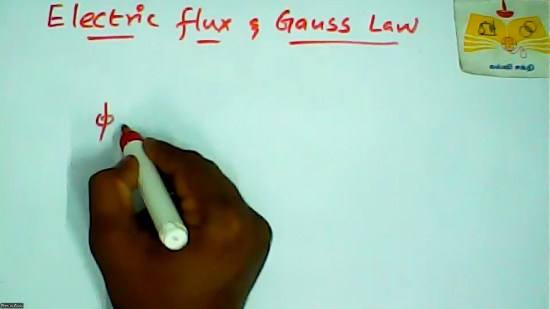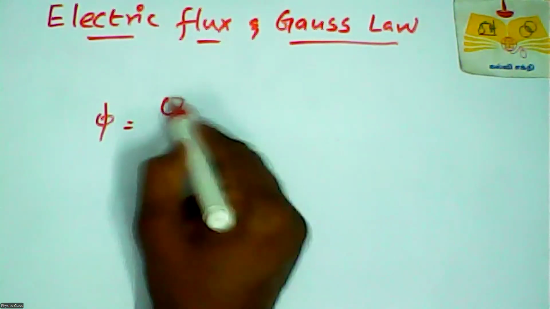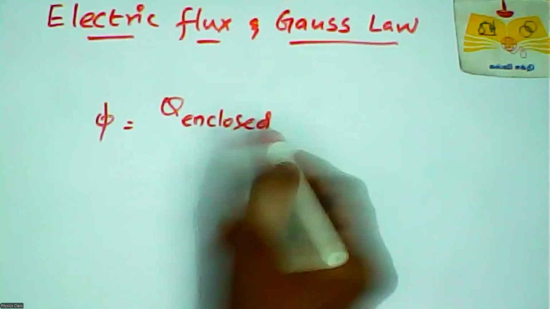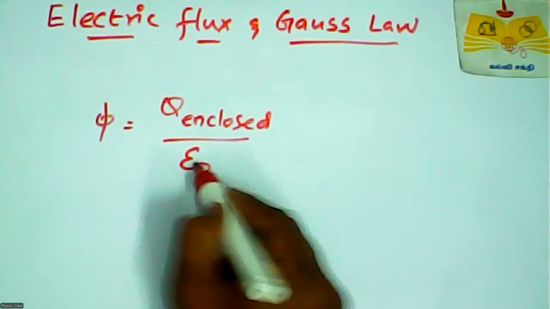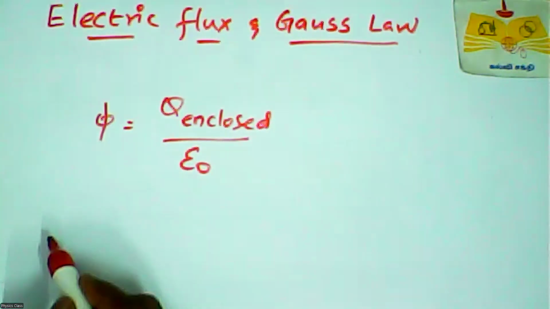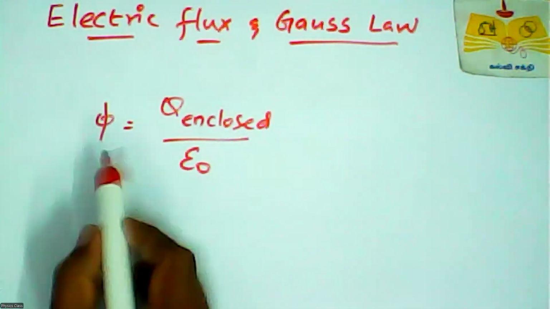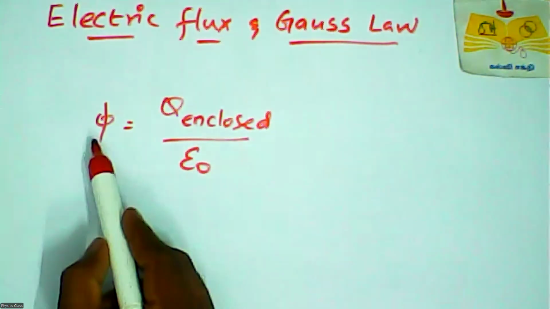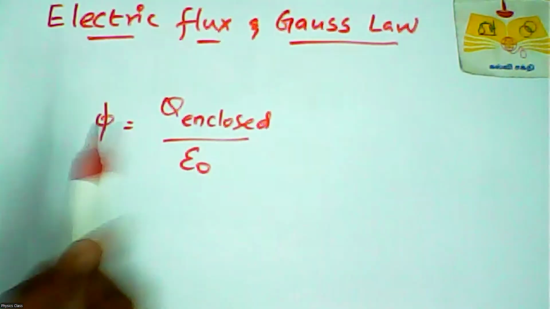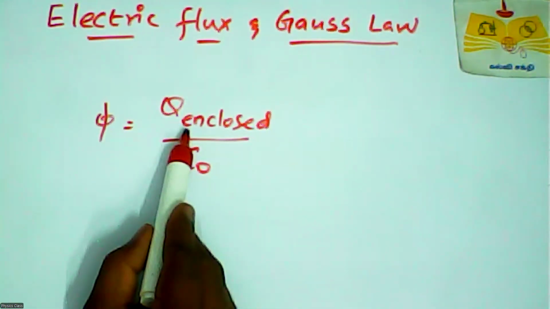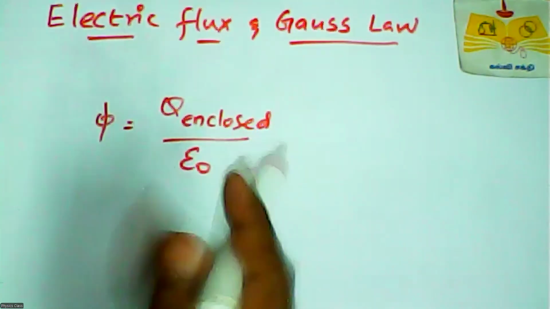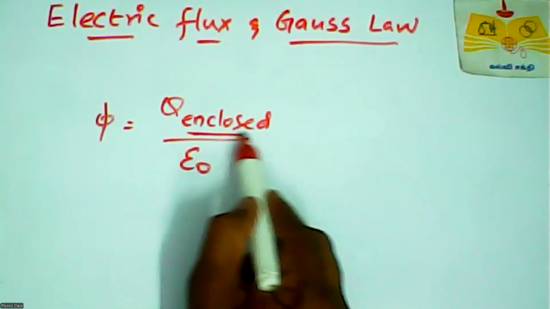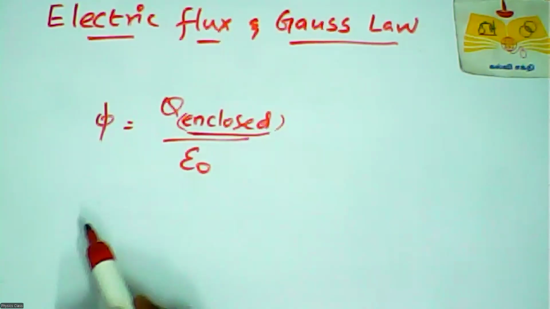Again, phi is equal to Q enclosed by epsilon naught. This is the formula for Gauss law. So here also you will find the electric flux for the closed surface. Q enclosed means the charges enclosed within the surface. That's why we write enclosed like that.